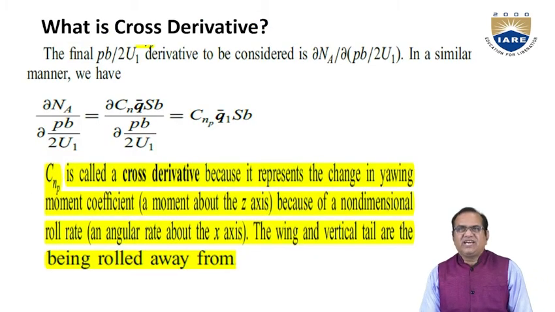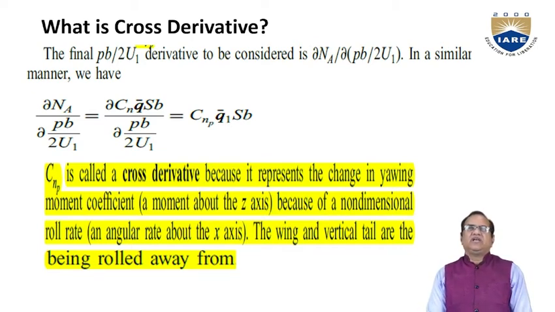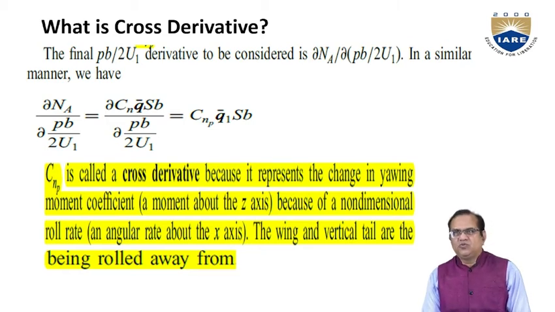Now the next derivative I am going to discuss is the cross derivative. The final pb by 2u1 derivative to be considered is dou Na by dou pb by 2u1.